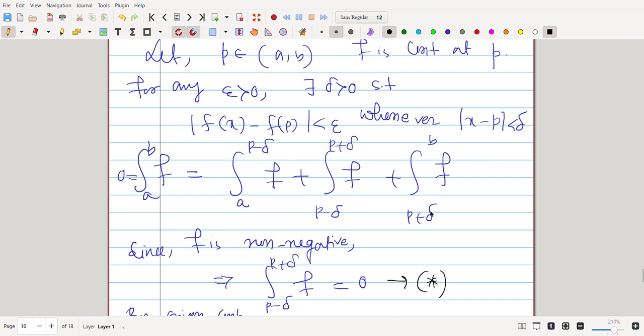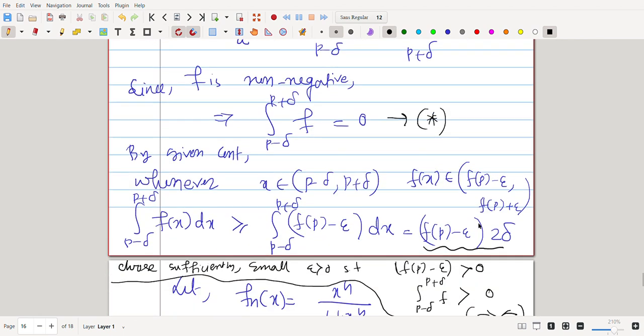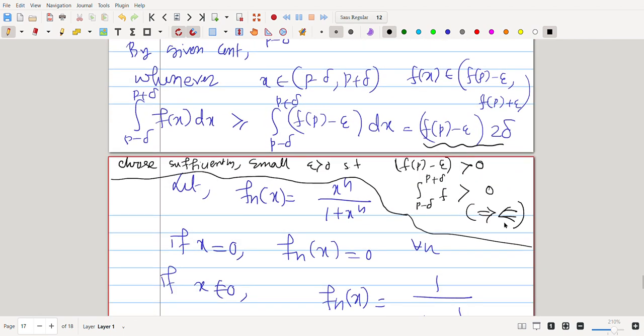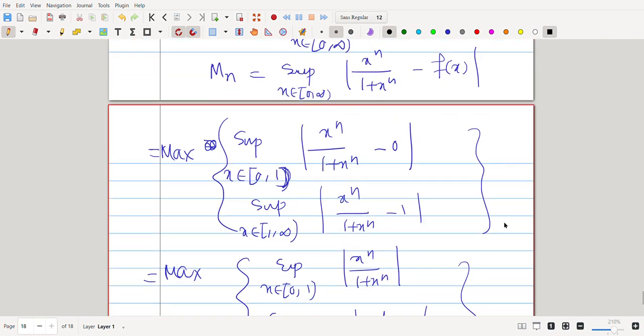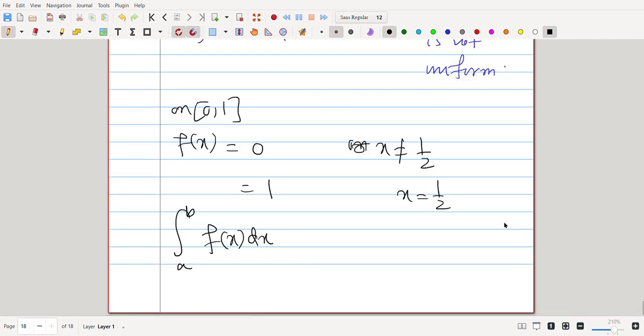And for b, you have to do b minus delta to b, and there you will also have delta. Other things are the same, so the idea is actually the same. So the integral of f(x) dx is 0, but f is not equal to 0 at x equal to half, which is the point of discontinuity.